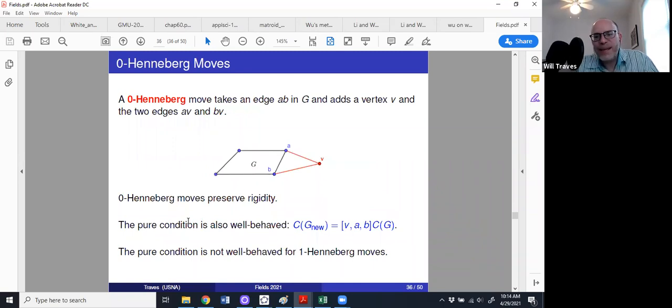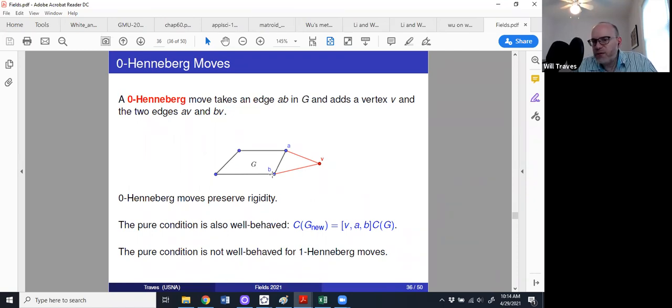Okay, but similar in some ways to coning is a much more reduced kind of coning, the zero Henneberg move that we've talked about before in lots of talks. So if you've got your framework G here, and you want to add a vertex in a zero Henneberg move, just add this extra vertex and join it to two other vertices by edges.